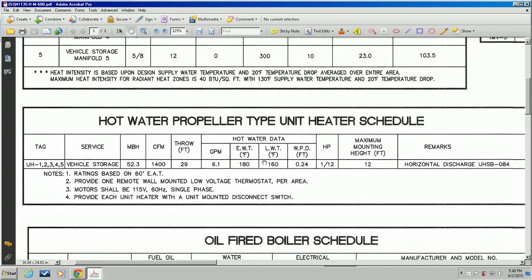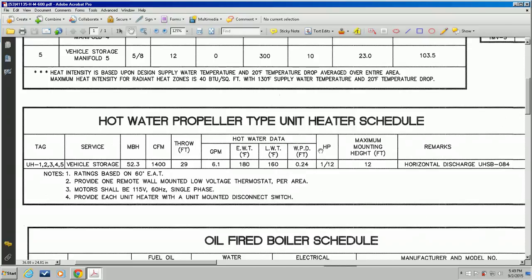So this is referred to as the delta T, the differential in temperature of the water in versus temperature of the water out. The water pressure drop in this case is 0.24 feet. That means it's the pressure drop that's experienced by that water as it flows through the coil.